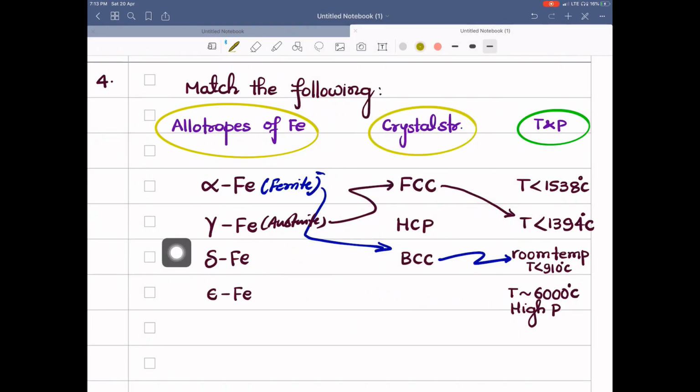Next is delta iron, that is BCC crystal structure again. When you solidify iron from its melting temperature, the first phase that is going to form is delta iron, at a temperature below 1538 degrees centigrade.